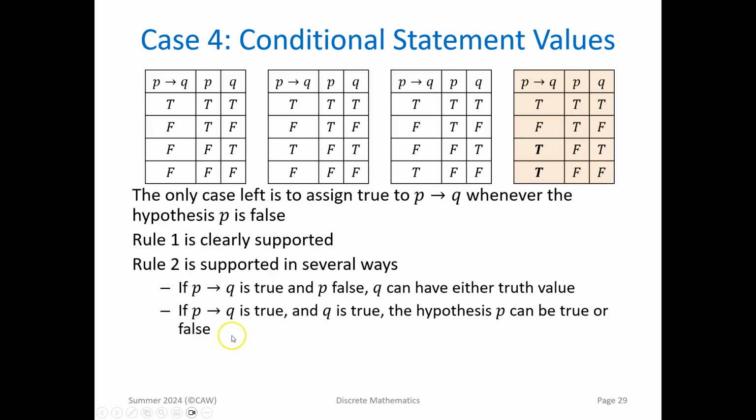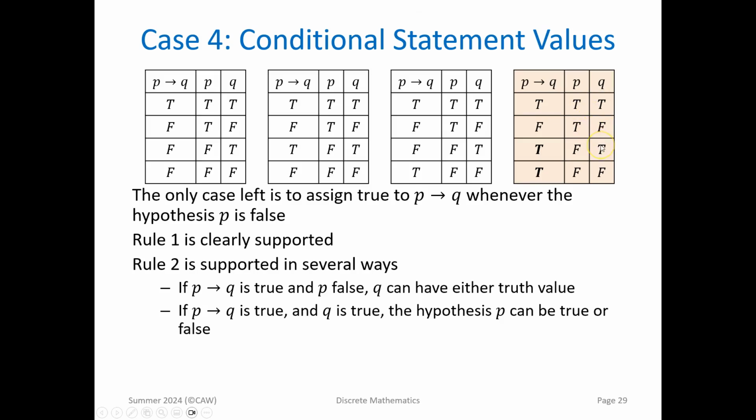We support the essence in another way. P then Q is true, and Q is true. So let's look where that is. P then Q is true. So there are three places for that. And Q is true. Well, Q is going to be true in the first row and the third row. Here it is. The first row, Q is true. The third row. We can see there that in that first row, Q is true and P is true.